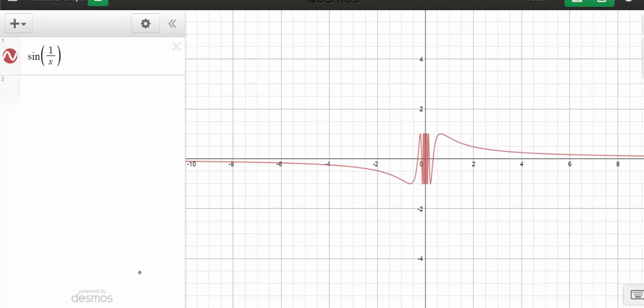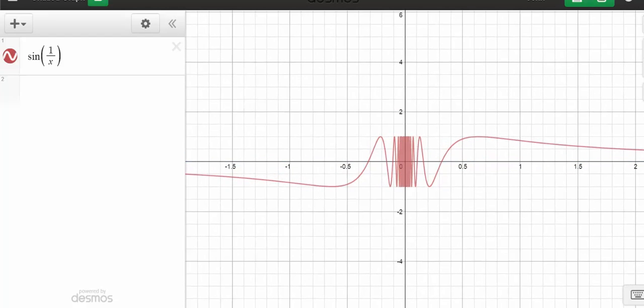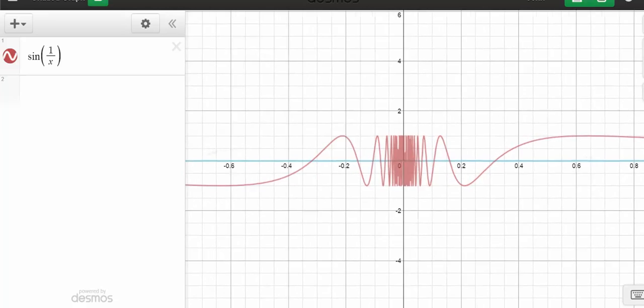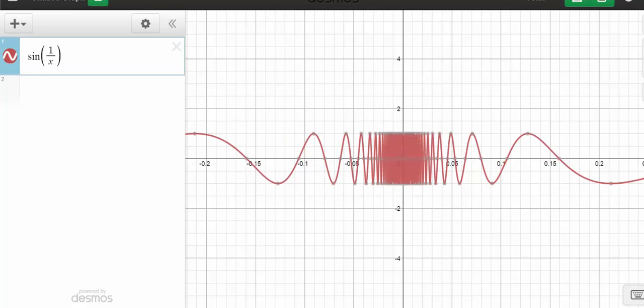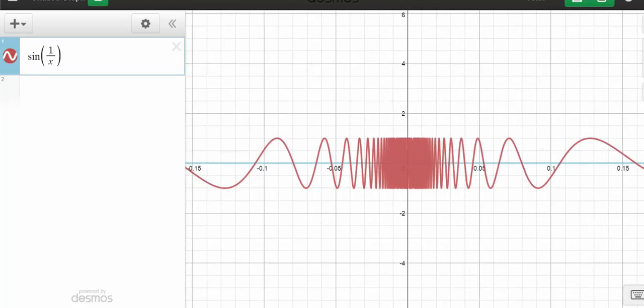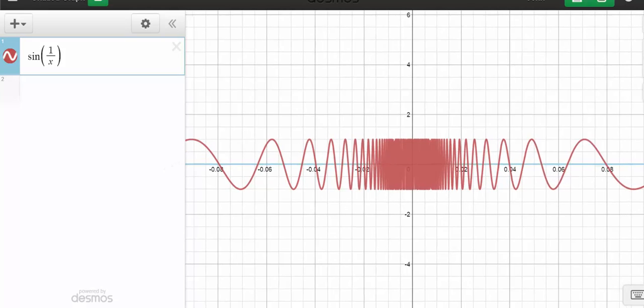Looks pretty harmless there. But watch what happens as I stretch this graph out, and look how many times this thing bounces back and forth. It gets harder and harder to stretch this because I have a hard time not grabbing the graph because it's getting closer together.